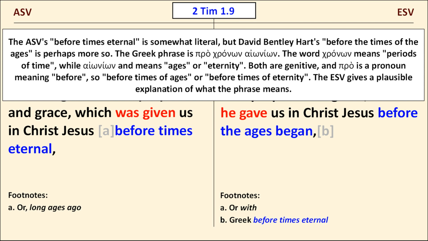The word chronon means periods of time, while aionion means ages or eternity. Both are genitive, and pro is a preposition meaning before, so "before times of ages" or "before times of eternity." Rather than attempt a literal rendering, the ESV gives a plausible explanation of what the phrase means.